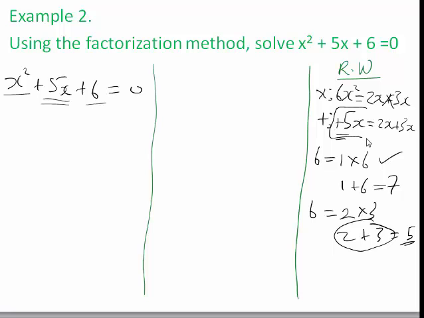Wherever you see this, you put this. Pretty straightforward. Okay, so we bring down x squared plus, instead of writing 5x, we now write what? We write this. That's just the key. 2x plus 3x plus 6 is equal to 0.